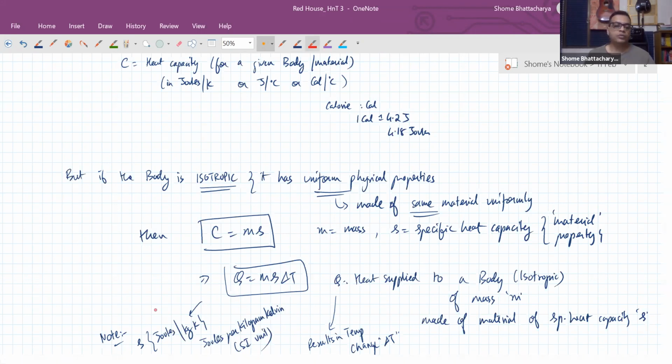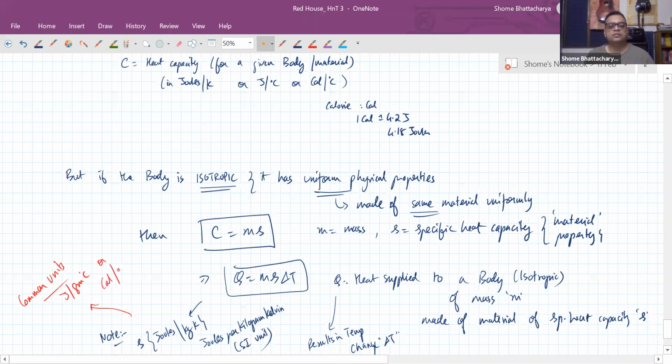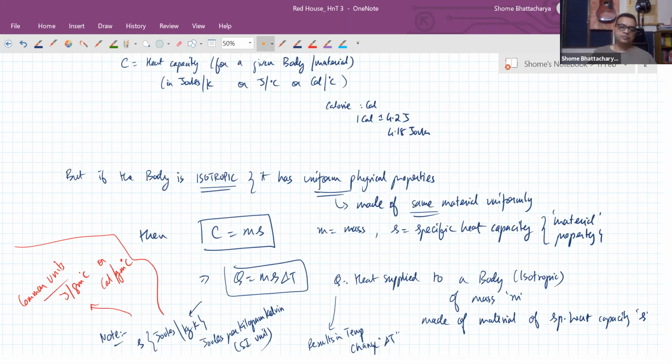But then the common units are either joule per gram degree C or calories per gram degree C. Yes, SI unit of heat capacity will be joules per Kelvin.